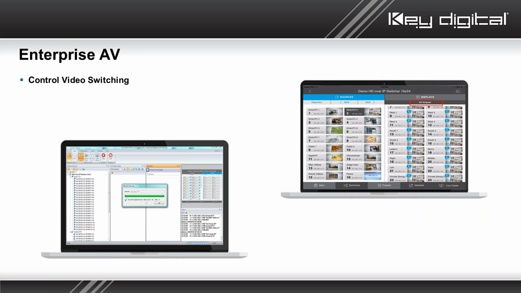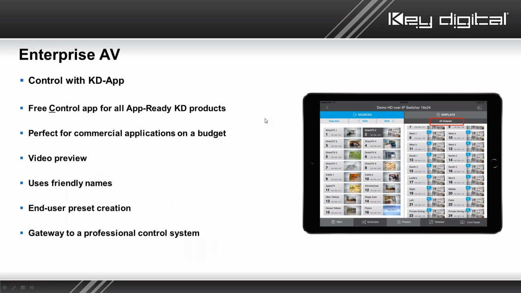And not only the Enterprise AV, but all KeyDigital app ready devices, for example, will have an interface, and you could just make it full screen so it doesn't confuse end users. It all depends on who your clients are. And you could give them a nice simplistic GUI for controlling their video distribution system.